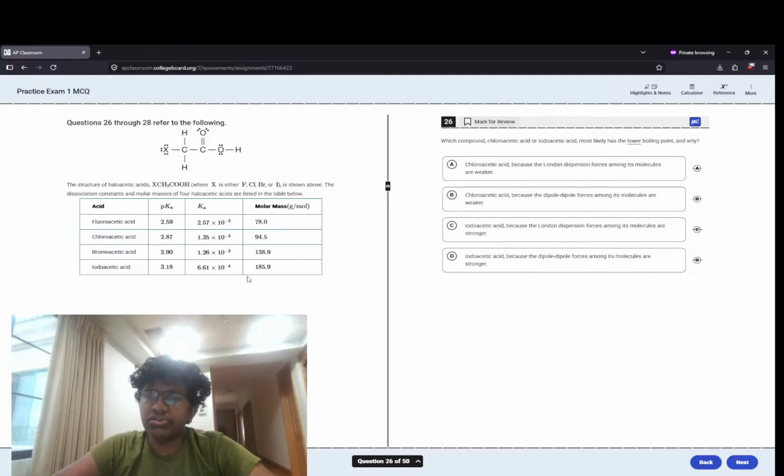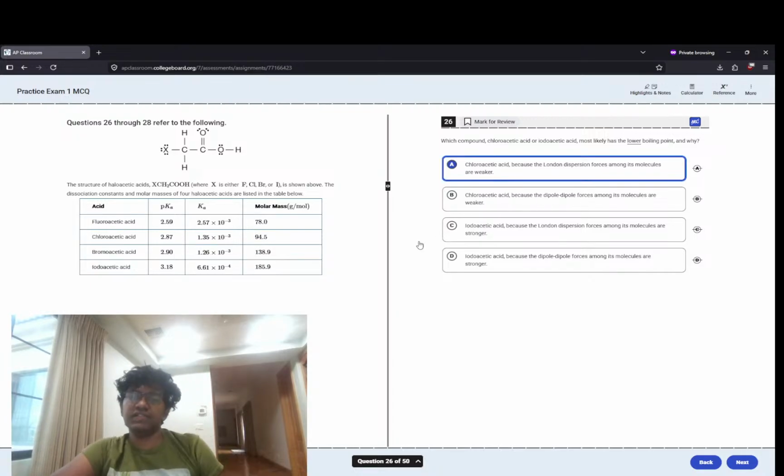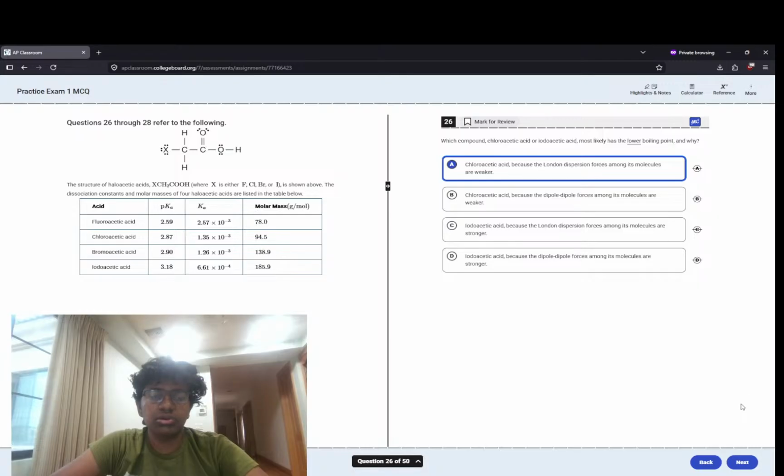Wait, it's not just fluoroacetic acid? Thought it'd be this, but I guess the lower boiling point means it has the weakest bonding, right? Because if it has really strong bonding, it'd have a high boiling point. So it would take a lot of energy. So I think it's fluoroacetic acid, but I don't understand why that's not an option.